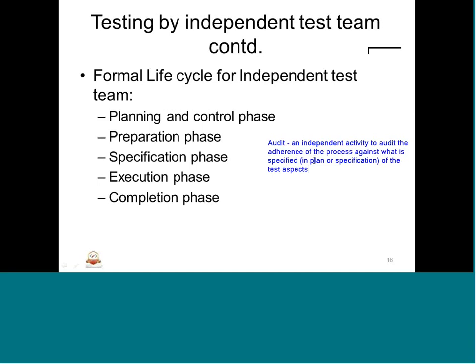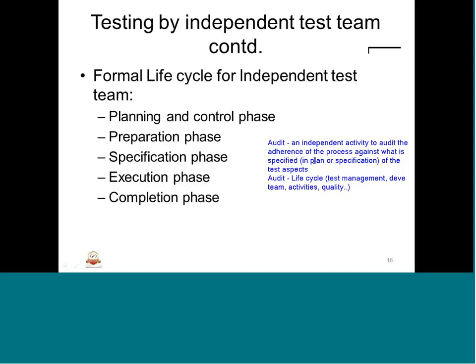So this audit can happen on any aspect of the life cycle. It can happen on the test management, the development team and their activities, quality, etc. Don't get confused between audit and quality.